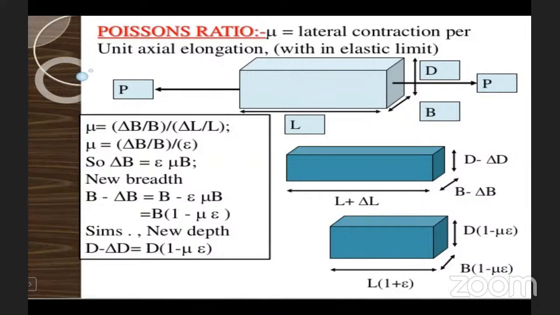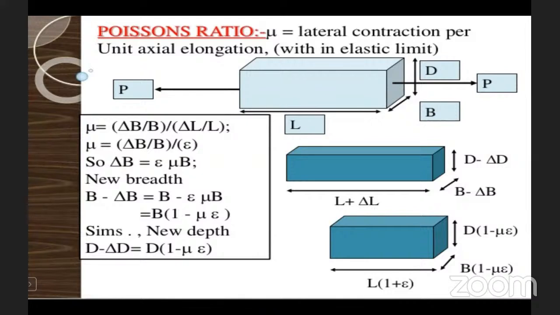So the new breadth B minus del B equals B minus E mu B, and B common term, B into 1 minus mu E. Since the new depth D minus del D equals D into 1 minus mu E. See here the diagram. L is the vertical length of the object, P is the applied force, D is the depth, and B is the breadth.